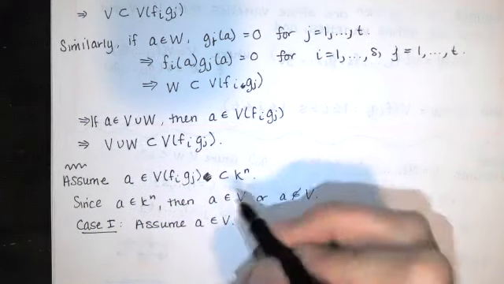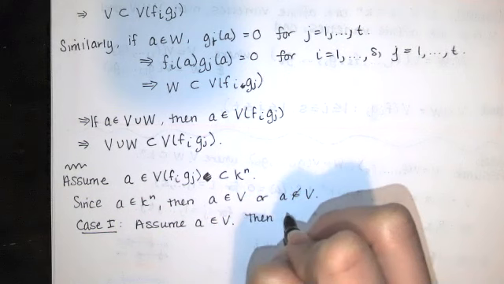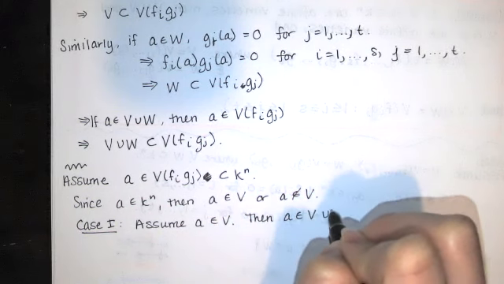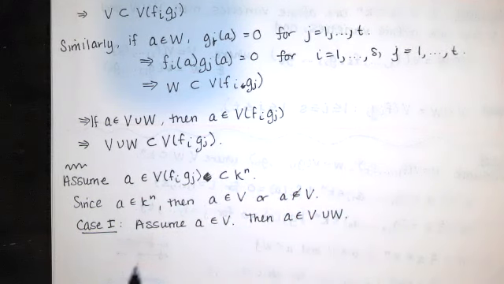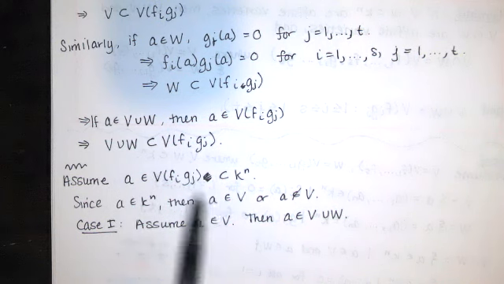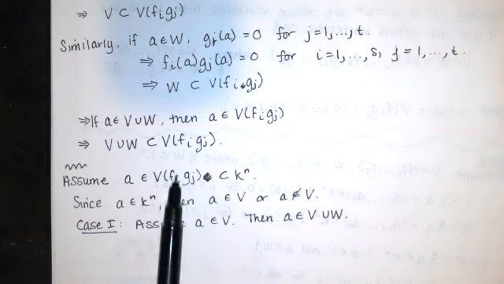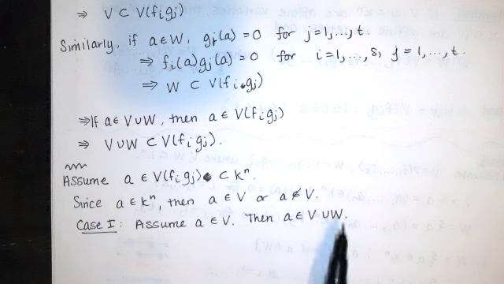Well, if a is in V, then a is obviously in the union of V and W. And that means that if a is in this set and a is in V, well then this set is a subset of this set.